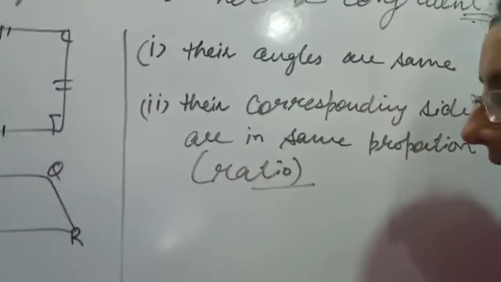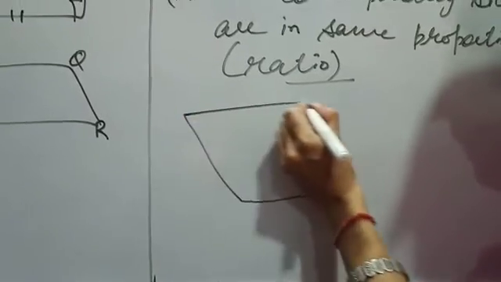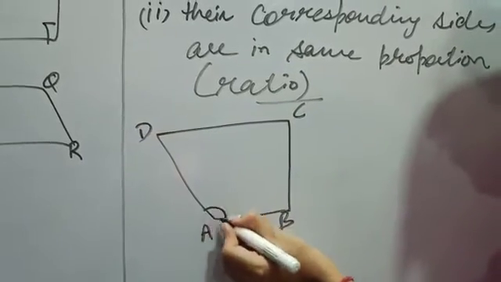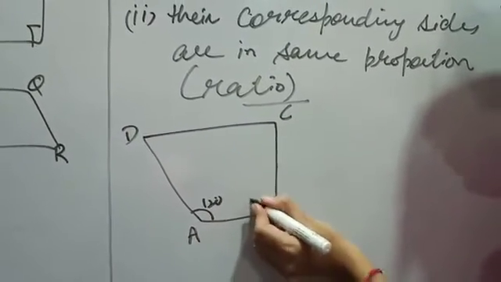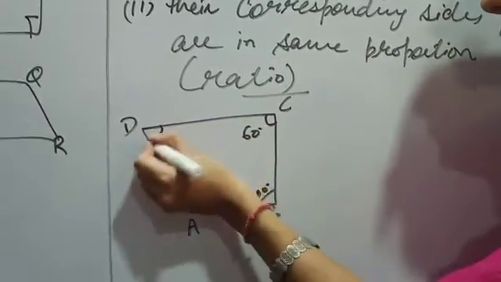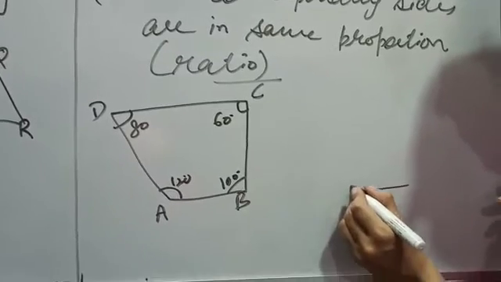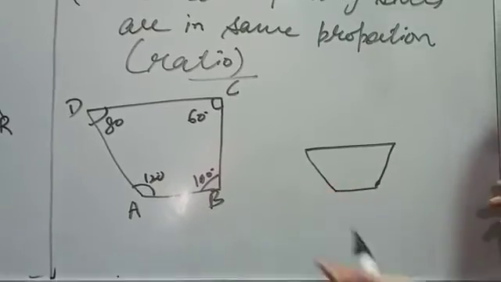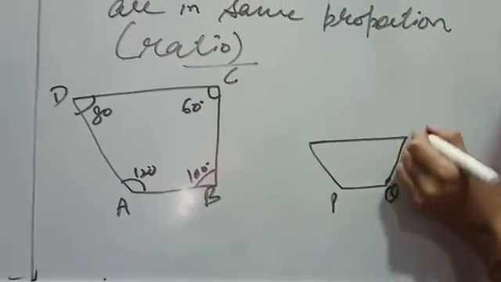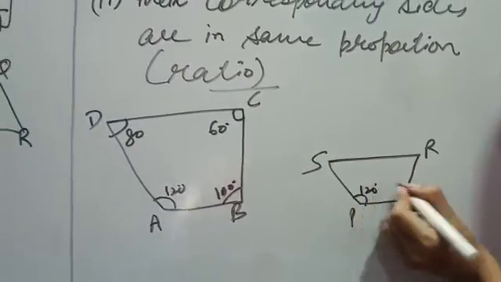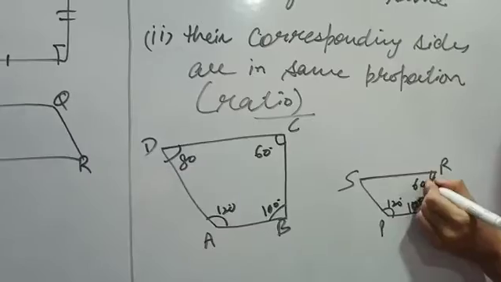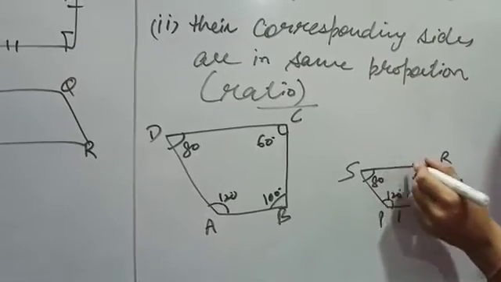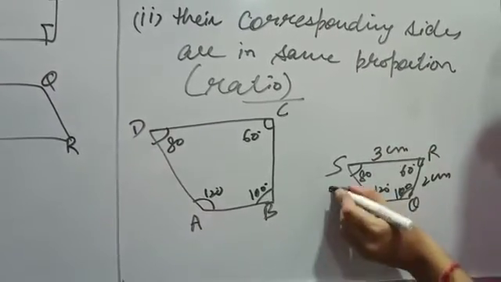For example, take any quadrilateral ABCD where the angles are 120, 100, 60 and 80 degrees. On the other hand, I take the same shape but with different sides, quadrilateral PQRS with the same angle measurements. Suppose the sides here are 1 centimeter, 2, 3 centimeter and 2.5.